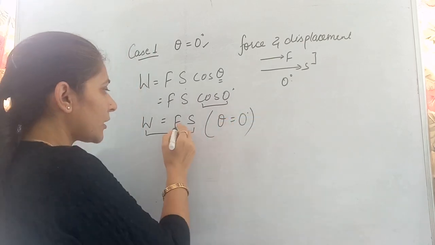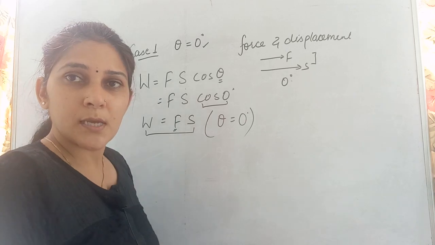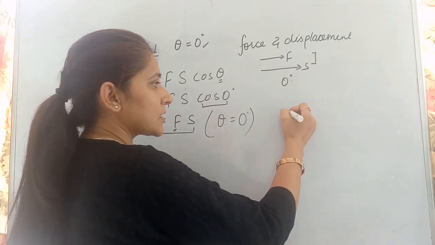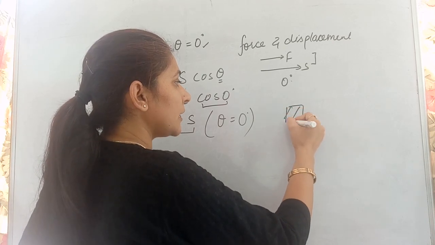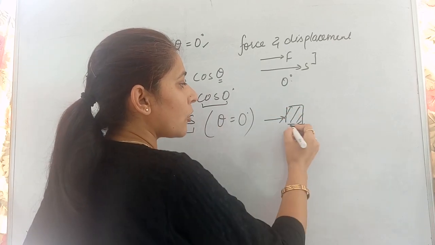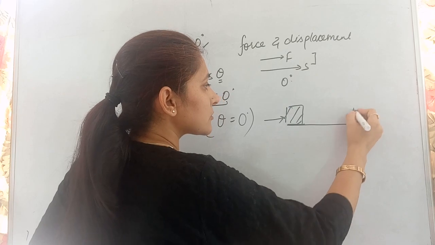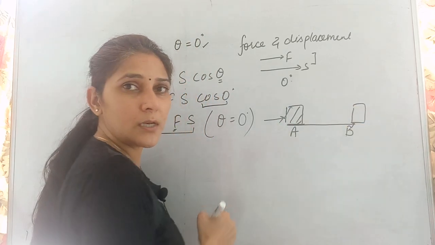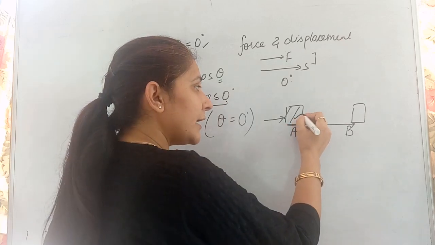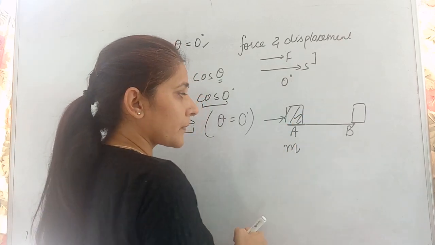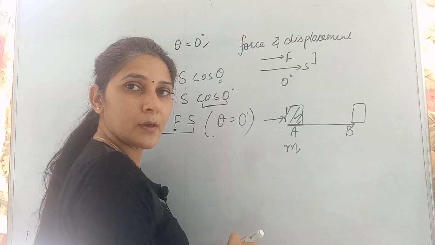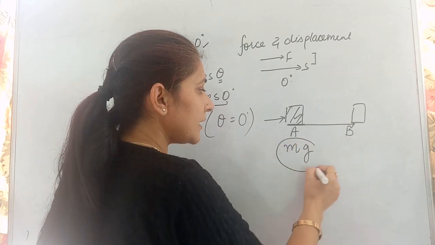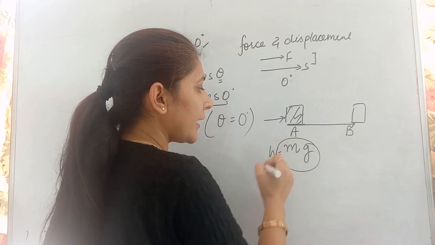And what is F? F is the force. Suppose we are talking about an object, say this box, and force is applied onto this box and the box is displaced from position A to position B. If the mass of the box is m and g is the acceleration due to gravity, then weight is given by m into g.